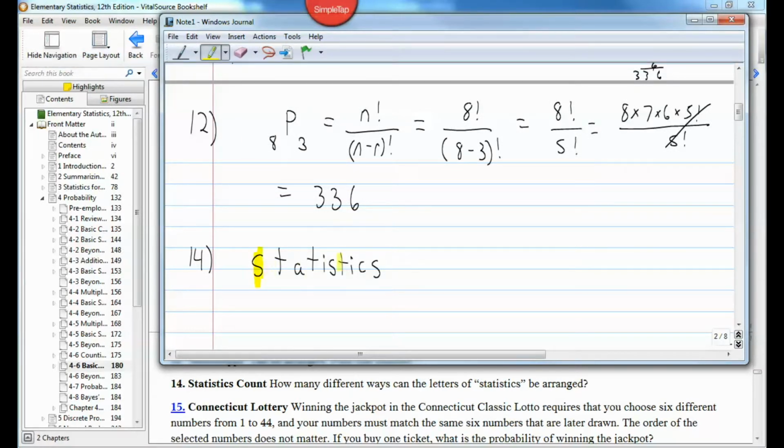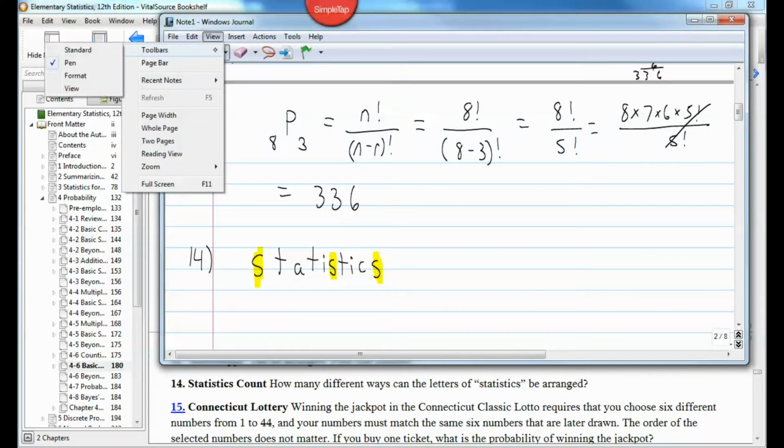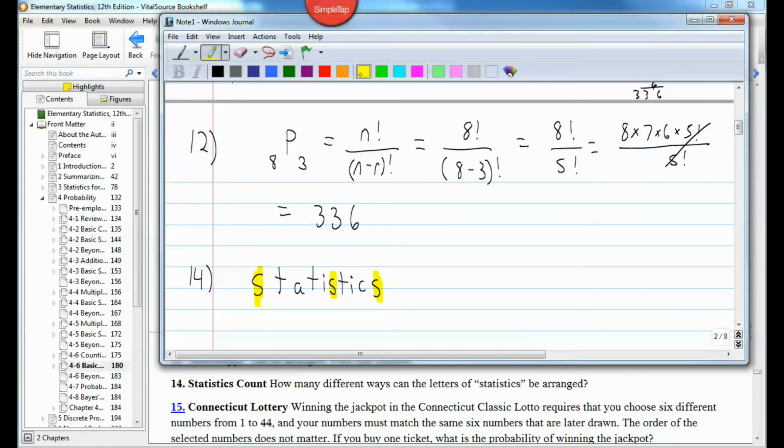If you look here, you have 3 S's, you have 3 T's, you have 2 I's, you have 1 A, and you have 1 C. So the way we can find this answer, and how many do we have total?